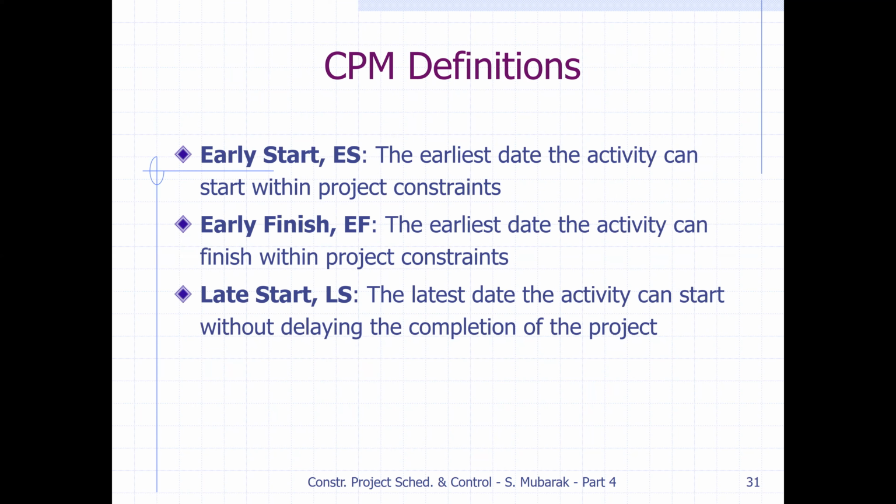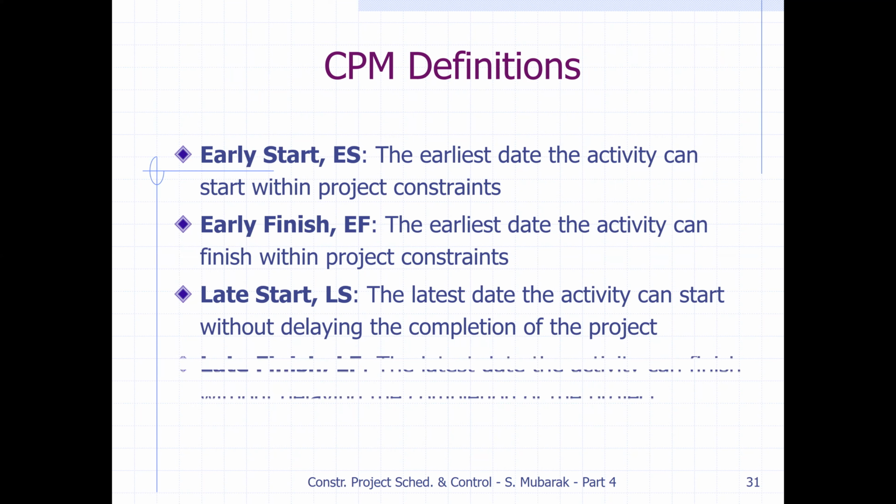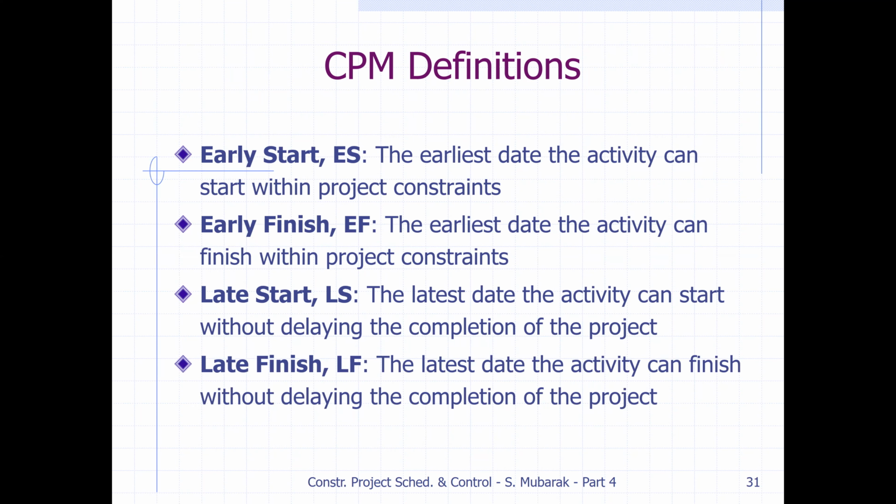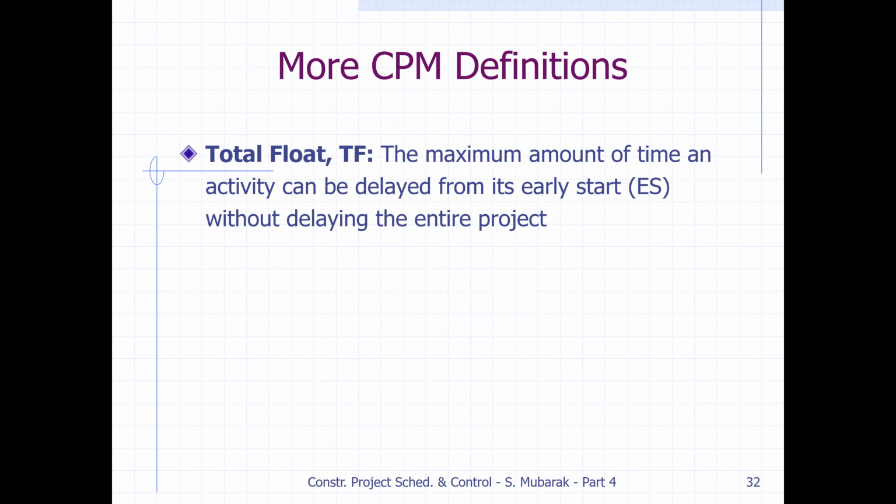Late start, LS, is the latest date the activity can start without delaying the completion of the project. Late finish, LF, is the latest date the activity can finish without delaying the completion of the project. So these are just small definitions.